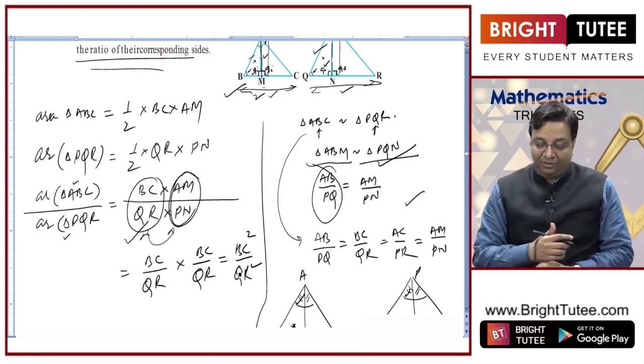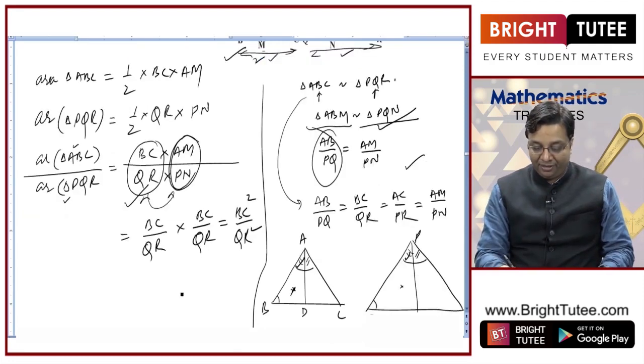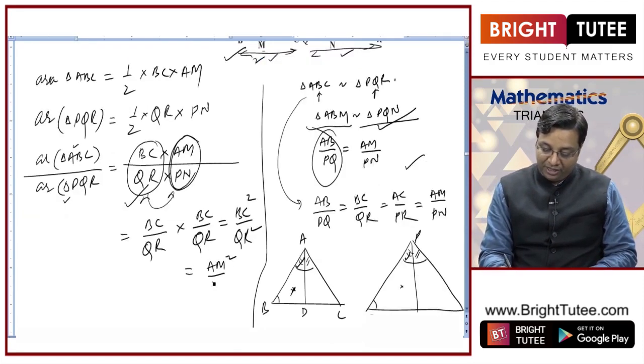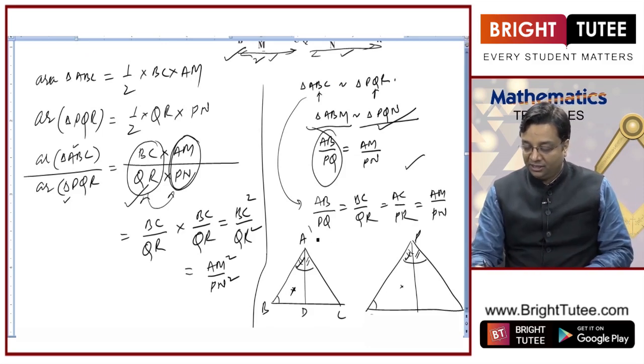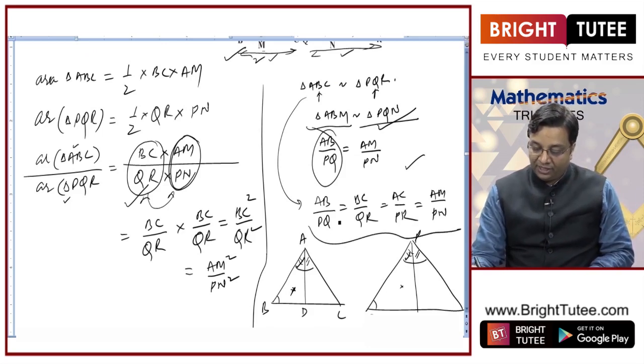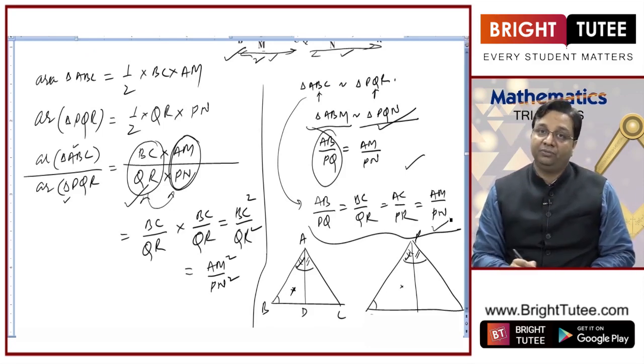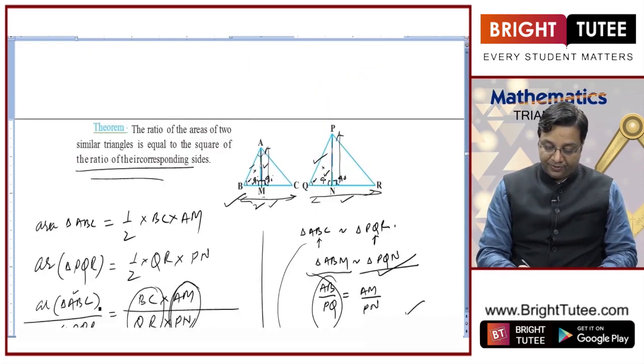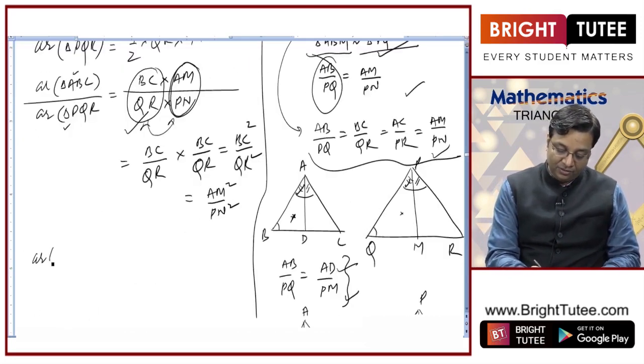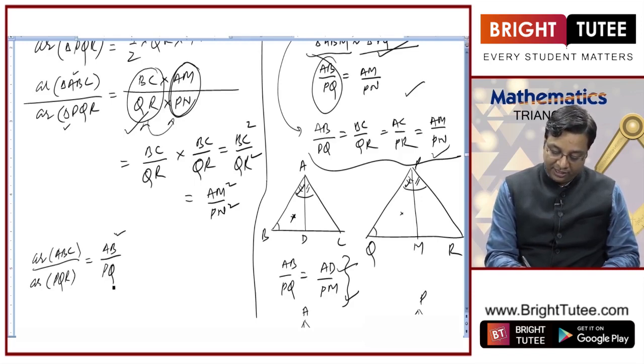If I had replaced BC by QR with AM by PN, it would have given me AM square by PN square, which is obvious because these ratios are equal anyway. So the ratio of areas of ABC and PQR is equal to the ratio of squares of their corresponding sides. This is one takeaway from this.